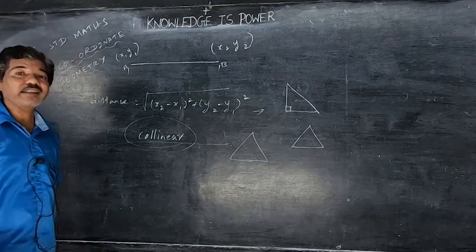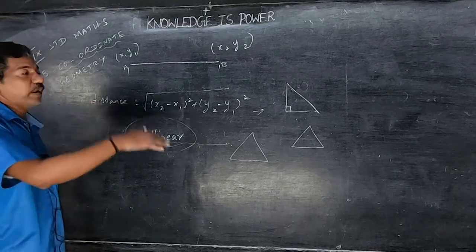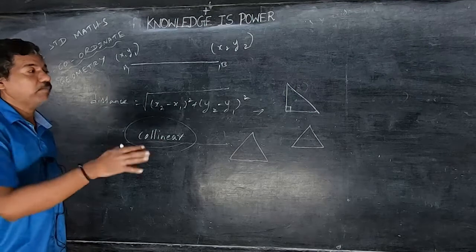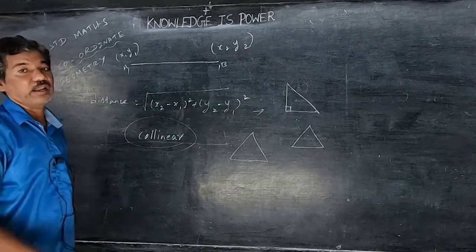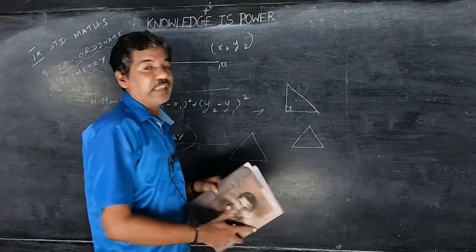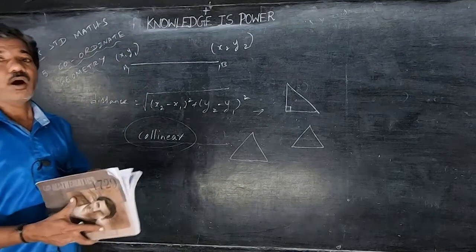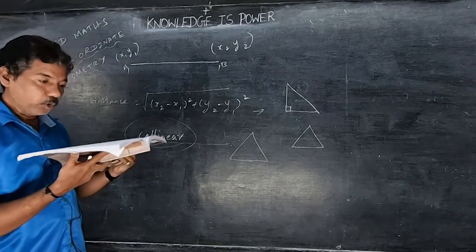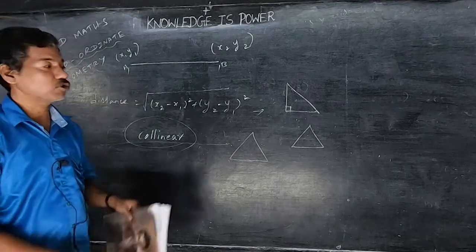All the sides are equal, so we have to get 3 answers, and they will be the same. If all three are the same, it is an equilateral triangle; if two sides are the same, it is an isosceles triangle. So based on that, the question will be given whether it forms an isosceles triangle, an equilateral triangle, or it must be collinear, like that, rhombus, parallelogram. That is another concept.